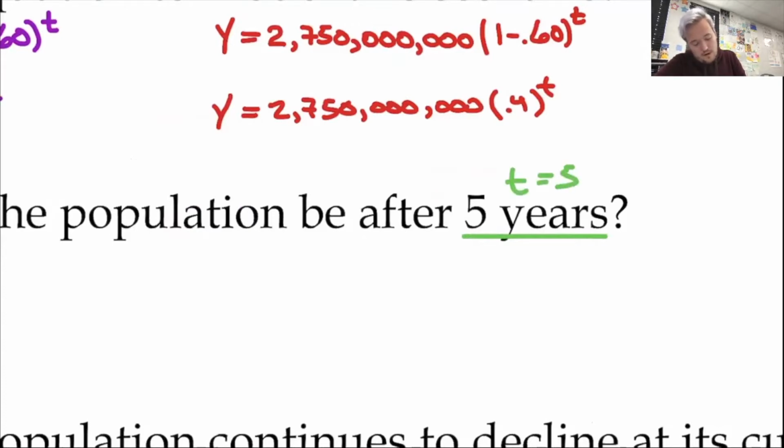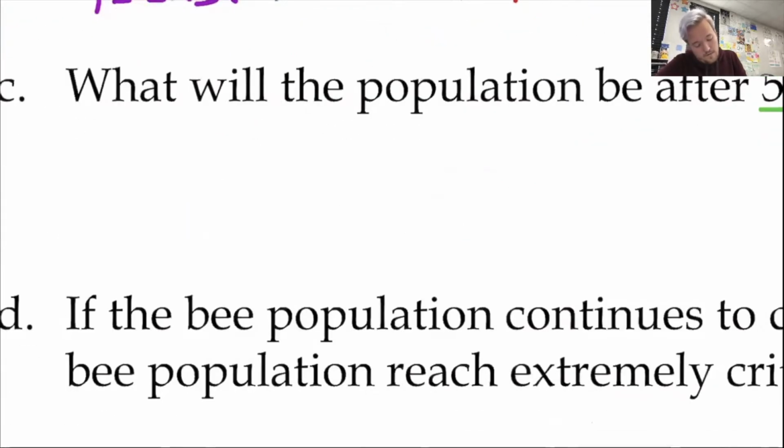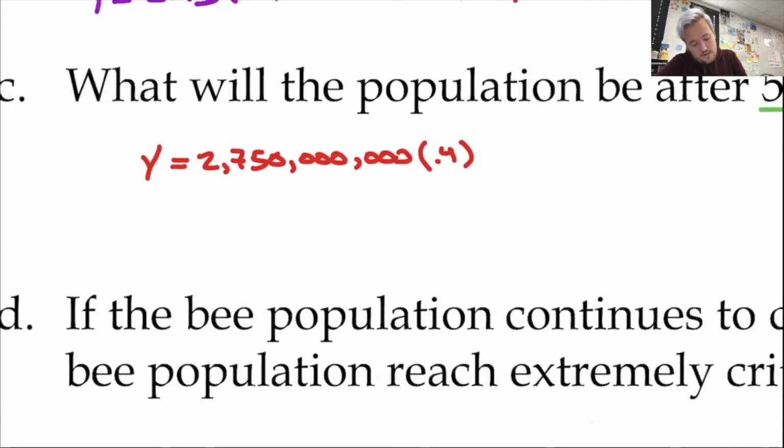So I'm going to copy the equation up here exactly how it is. However, the t value is then going to be 5, so I'm going to plug this in. You could use your calculator. Then 0.4 raised to the 5th.